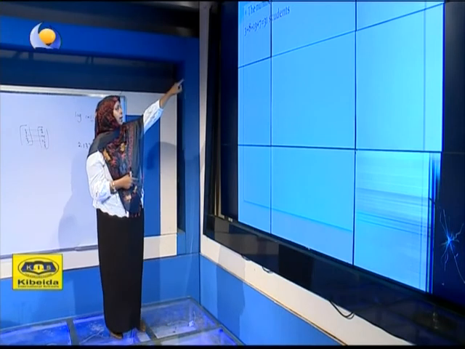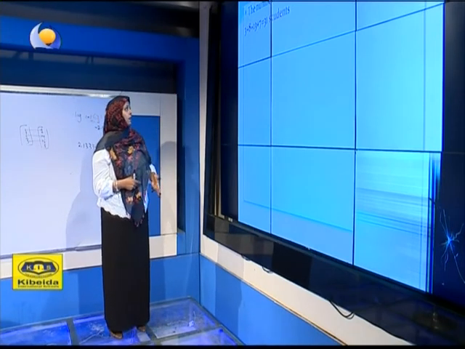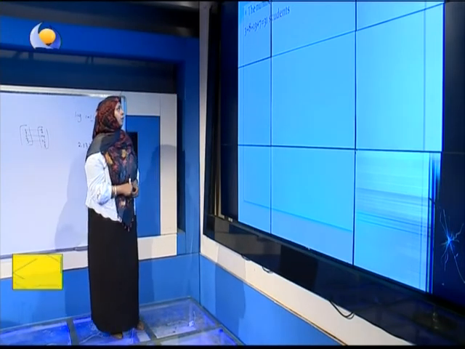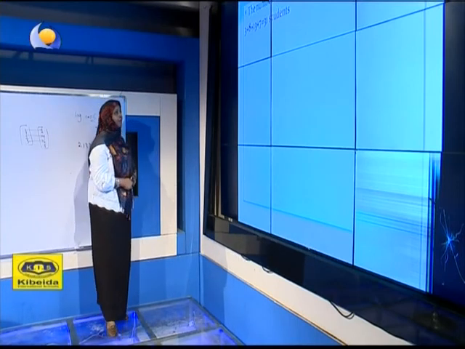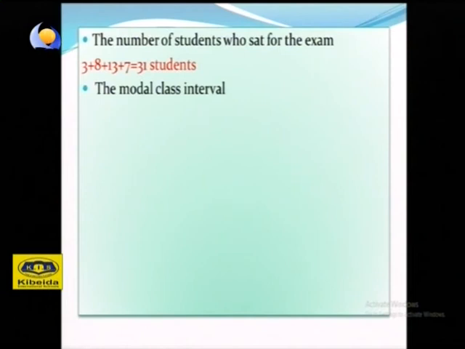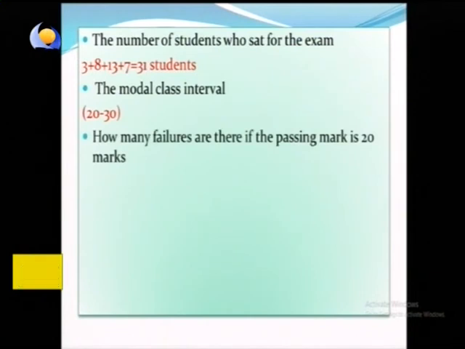By adding the frequencies, I will get the number of students. He wants the modal class interval. We all know that the modal class interval is the interval that has the highest frequency. From the table, it's clear that 20 and less than 30 is the modal class interval.